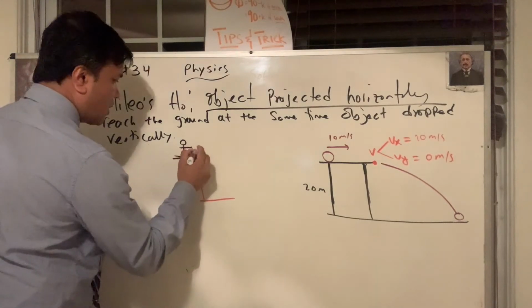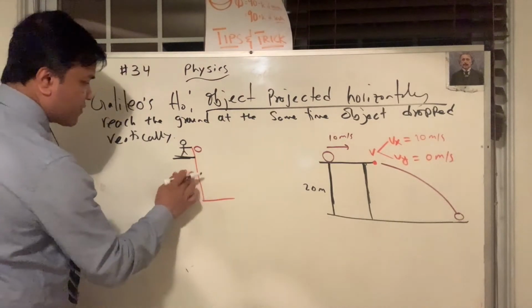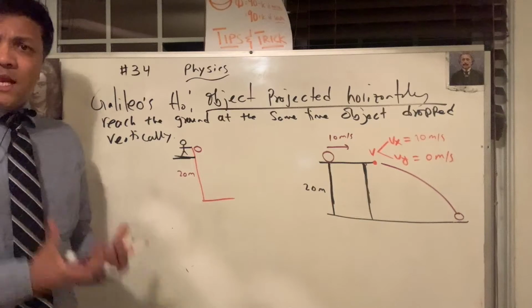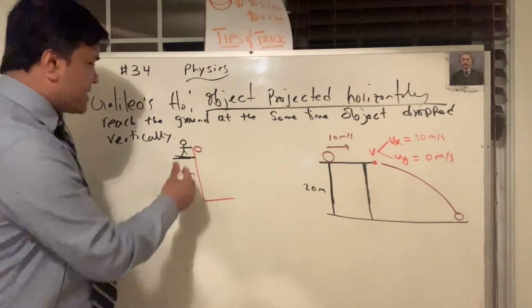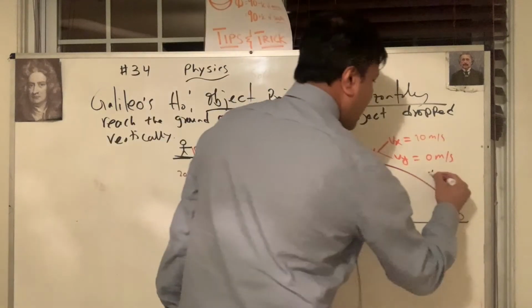So Galileo is saying that they're the same. That means if this takes t time, this also takes t time.